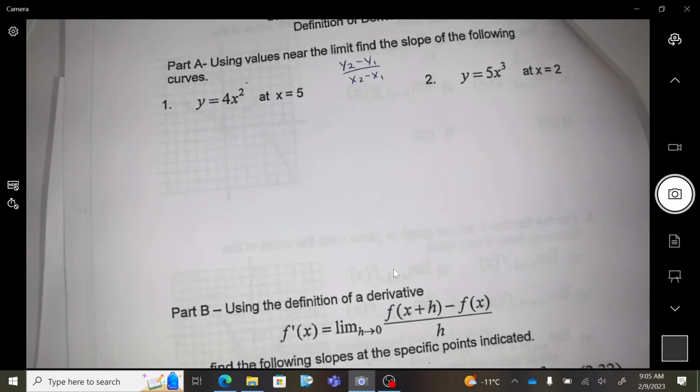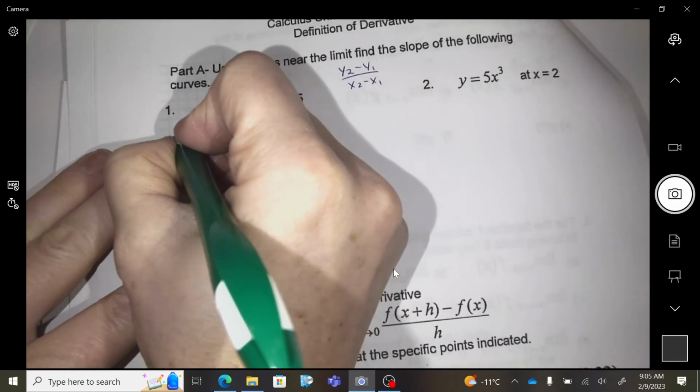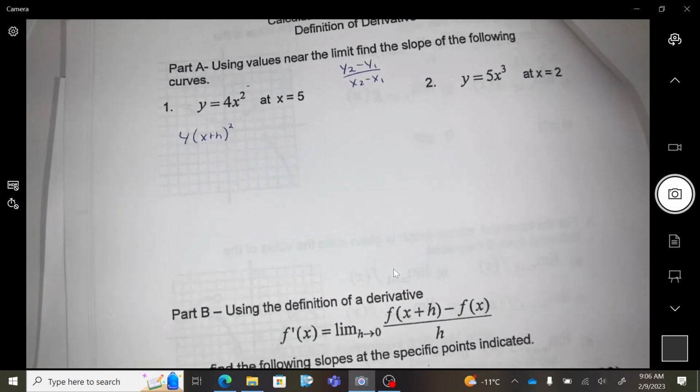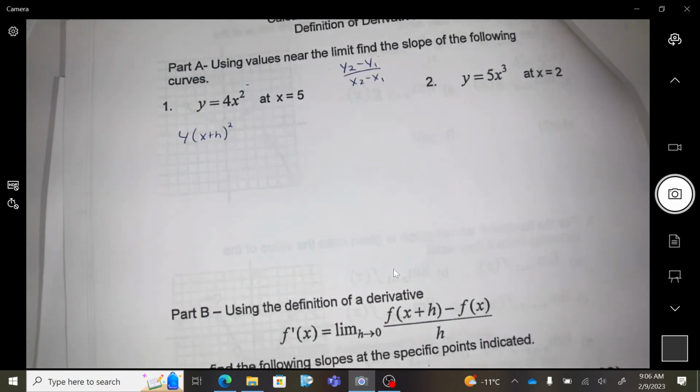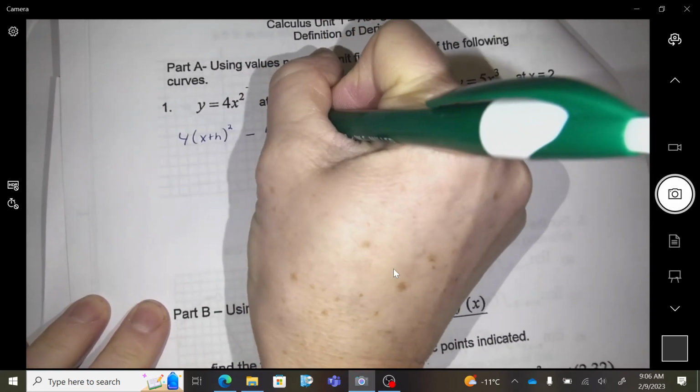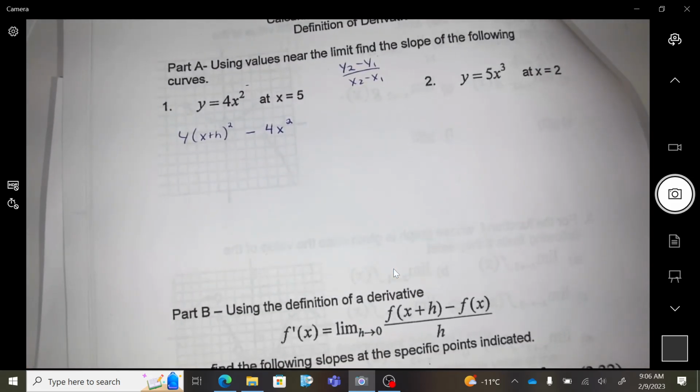So the second y is going to be the coordinate that is x plus some h away. Whenever I see an x, instead of x, the value is actually x plus a little bit. So that's the y2. And then the y1 is just your original output.